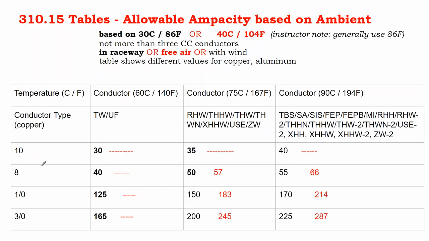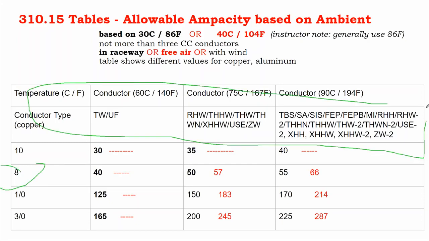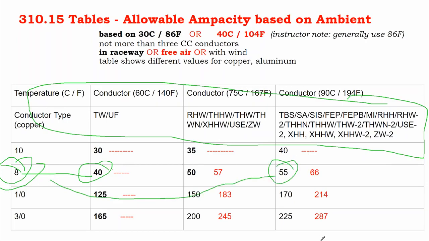So now we're looking at some basic conductor ampacities, and we can see that there's a wide range of cables, but a number 8 cable that's rated for 40 amps, if you're using a kind of cheap indoor cable, there might be another number 8 cable that is rated for 55 amps.